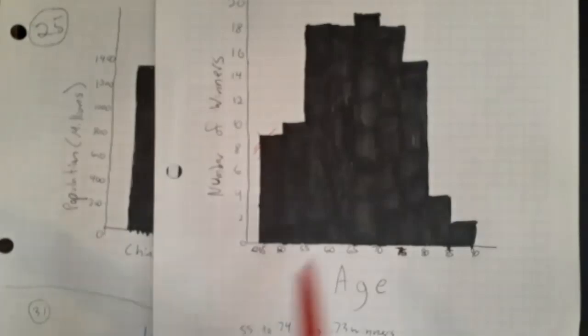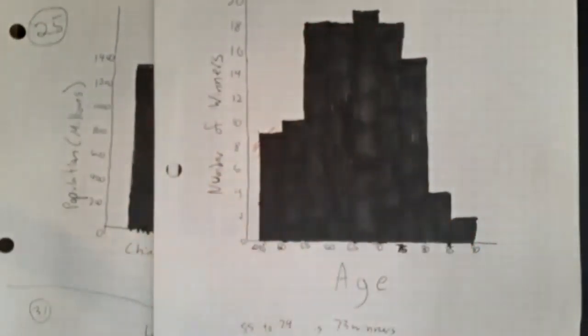If you want to talk about the average age, you could probably say it's around 65. Yeah, 65 to 70, probably right in here. It looks about the middle, right? This is 18, 18 on each side. You've got about 36 on each side out on this hump. So I would say 65 is about the middle.